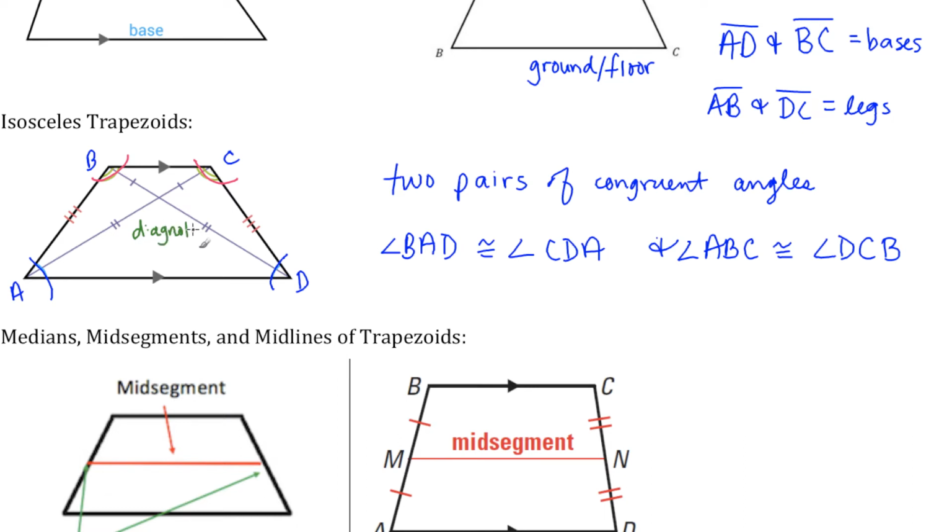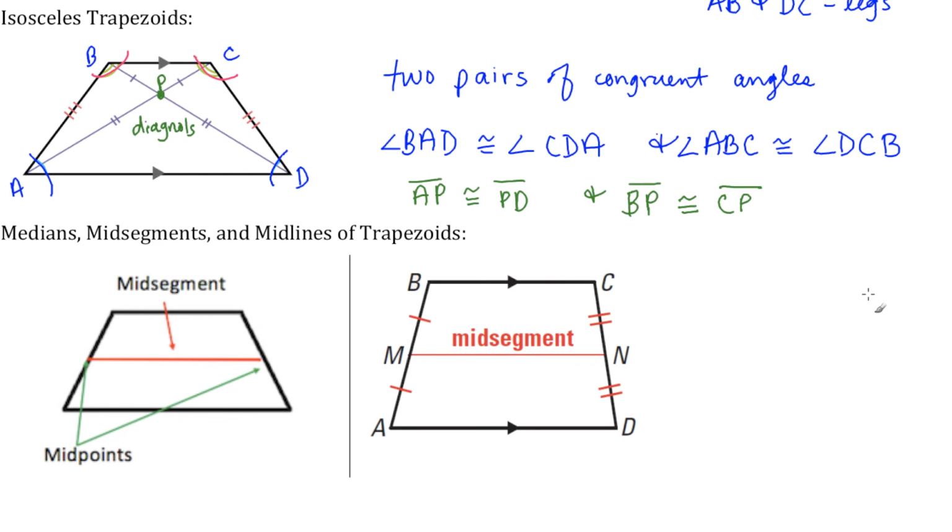In the diagonals, I'll put P. So AP is congruent to PD, and BP is congruent to CP.